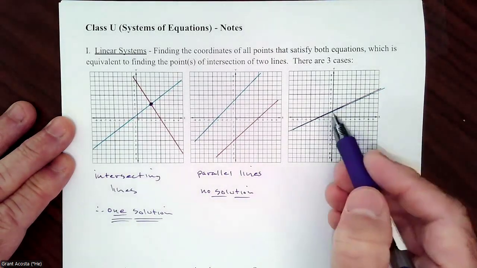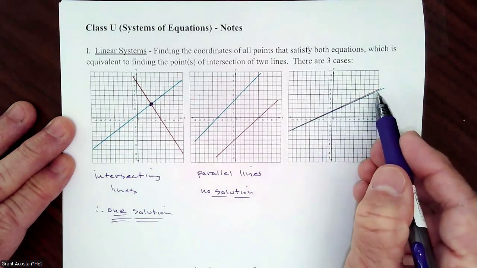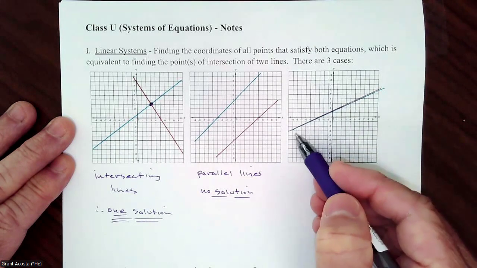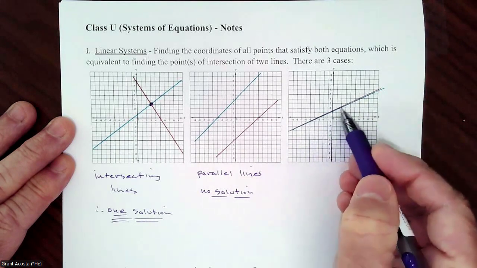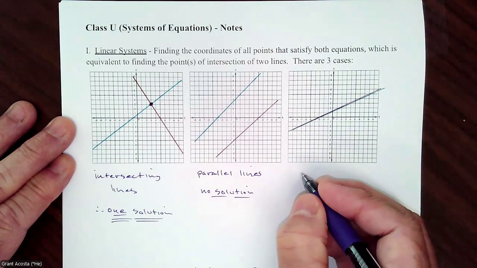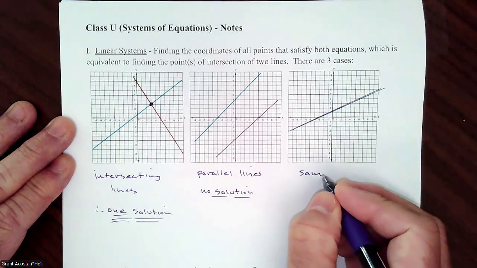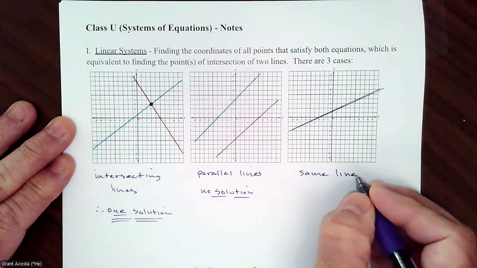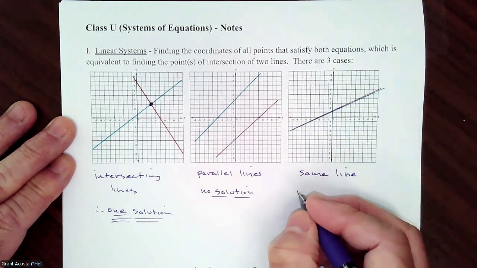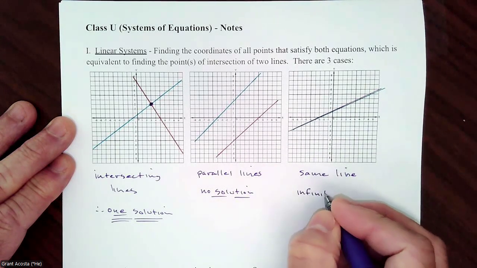And then the third possibility is that we could have two equations that are in fact the same equation. Maybe one looks a little different, but it really is just plotting the same points of another line. So they could be the same line, in which case, if we're looking for all of the common points to both equations, this would have infinite solutions.